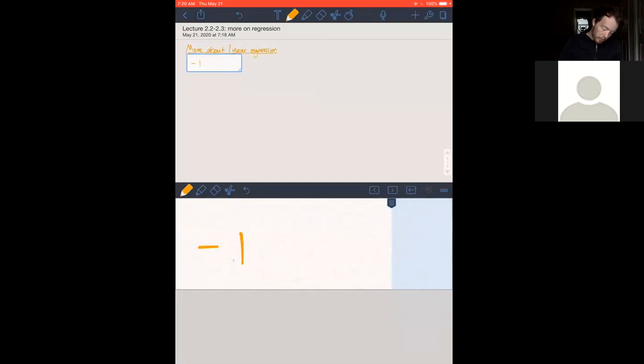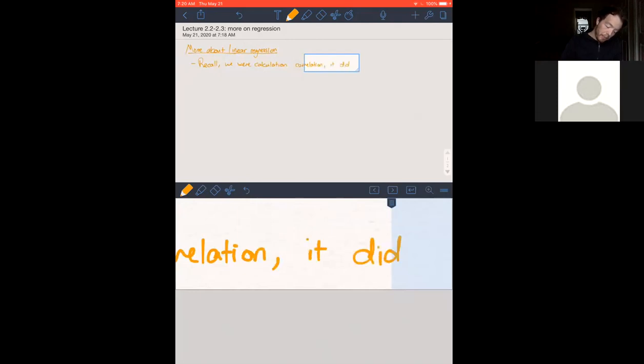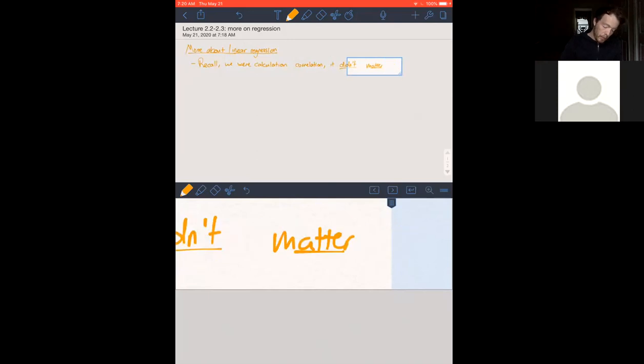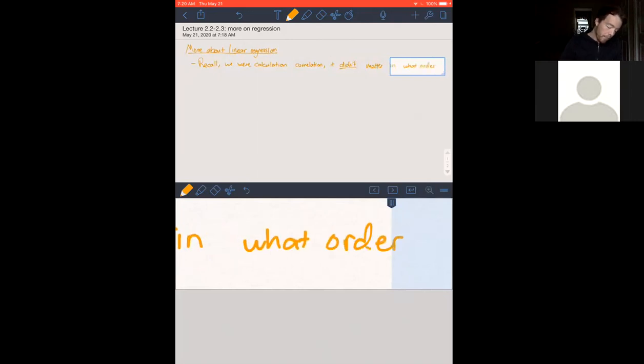So recall when we were calculating correlation, it didn't matter in what order we chose our x and our y.